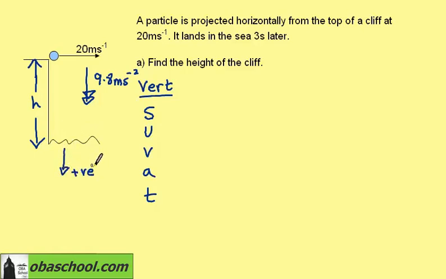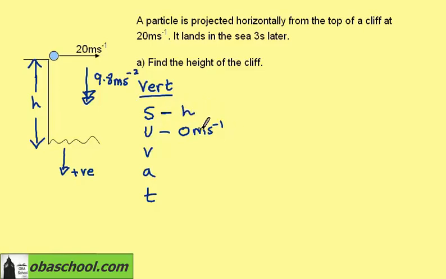If we take downwards as positive, then the acceleration, being downwards, will be positive. The initial projection is all horizontal, and therefore the vertical component of initial velocity is 0.